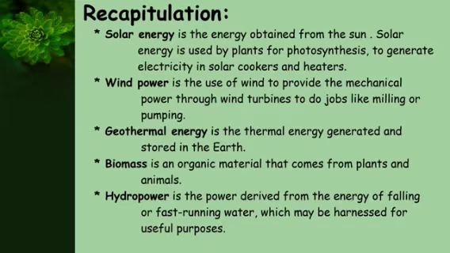Geothermal energy is the thermal energy generated and stored in the earth. Biomass is an organic material that comes from plants and animals. Hydropower is the power derived from the energy of falling or fast running water, which may be harnessed for useful purposes.